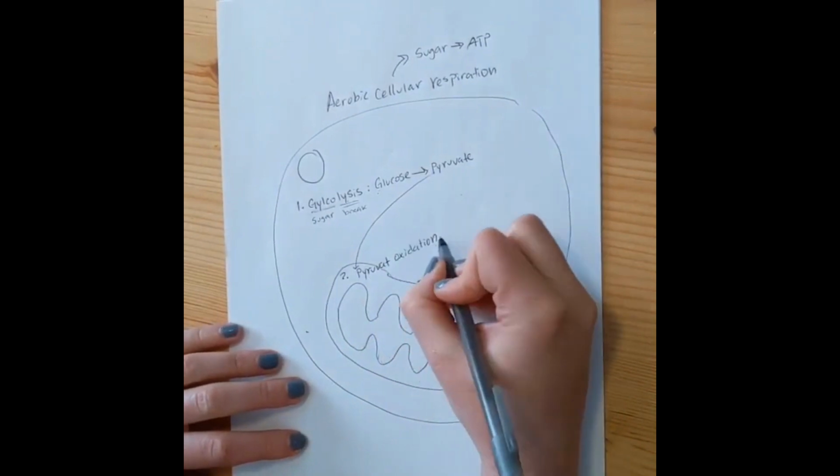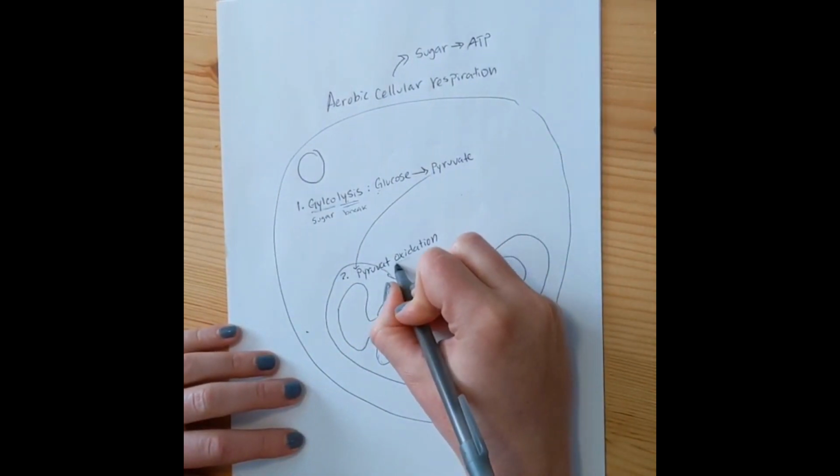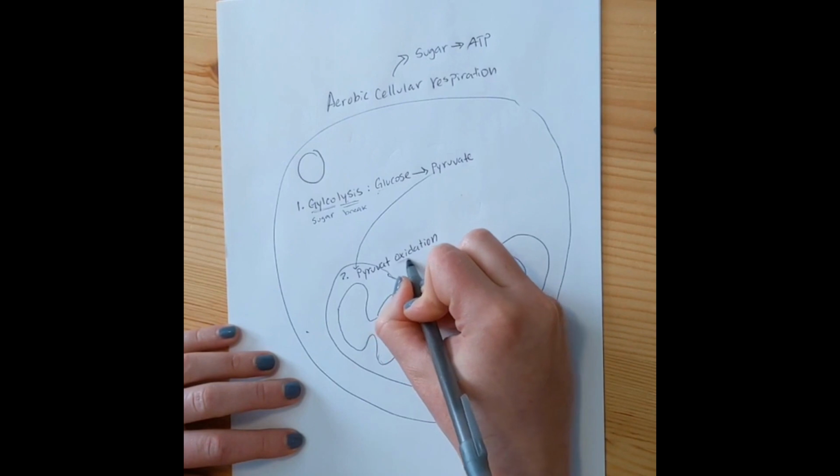Pyruvate oxidation. So oxidation is going to be the loss of electrons.